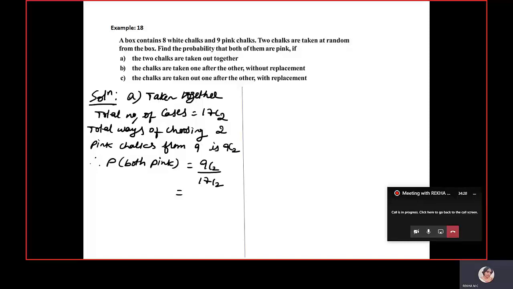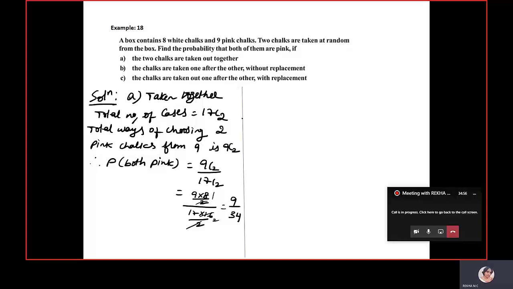So that is equal to 9 into 8 by 2 divided by 17 into 16 by 2. So you'll be getting it as, 2 cancels, 8 into 1, 8 into 2. So 9 by 34.